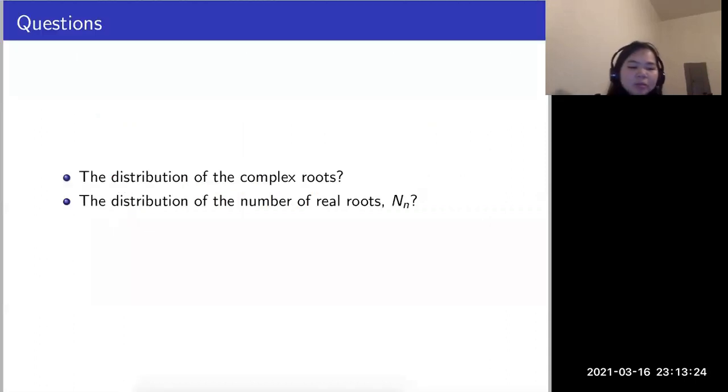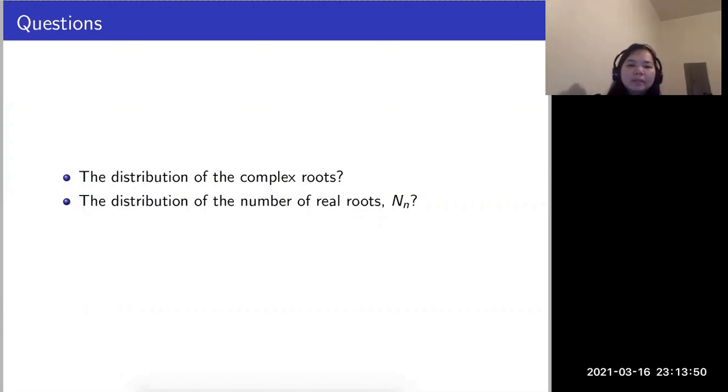Now, when it comes to random polynomials or random functions in general, two of the main questions are: first, the distribution of the complex roots, so we want to see how they distribute on the complex plane. And the second main question is about the real roots, when we're only interested in the real line.